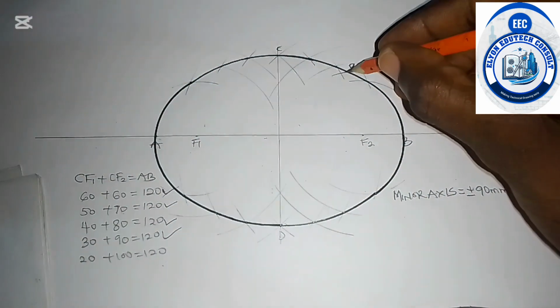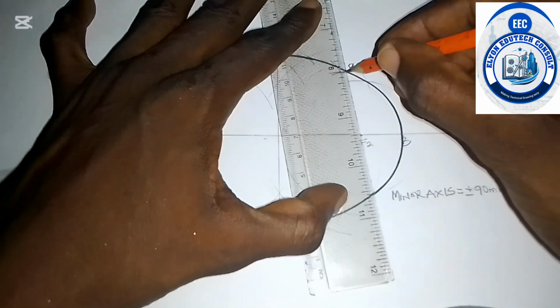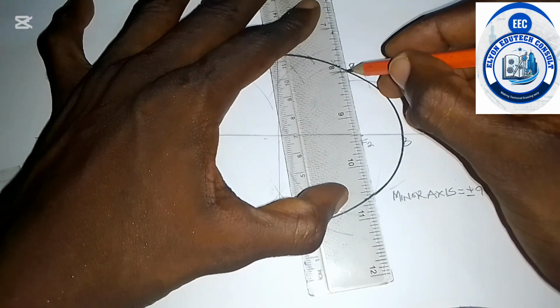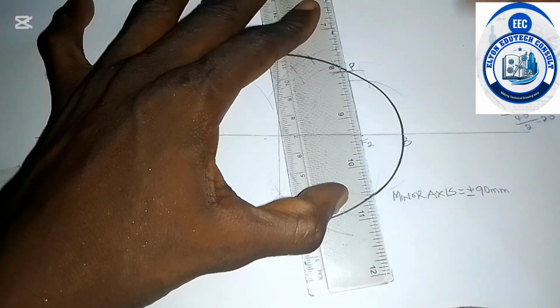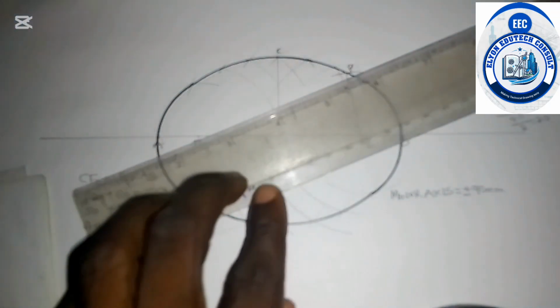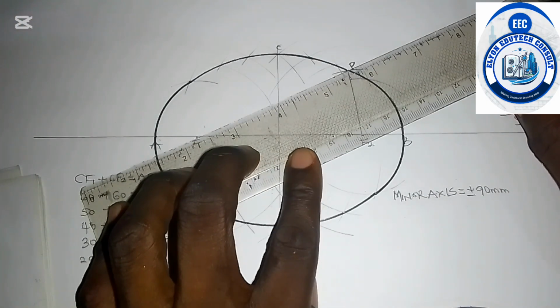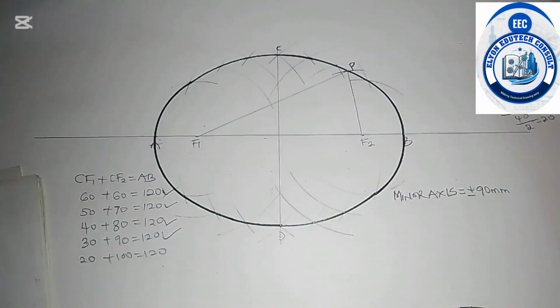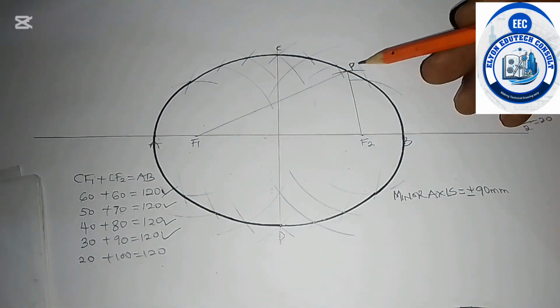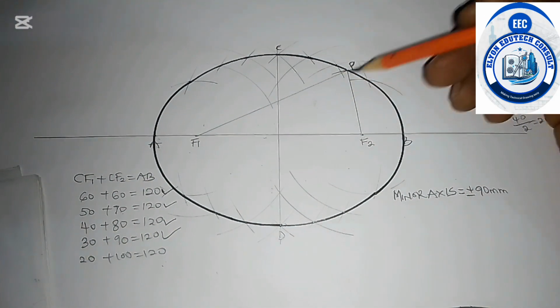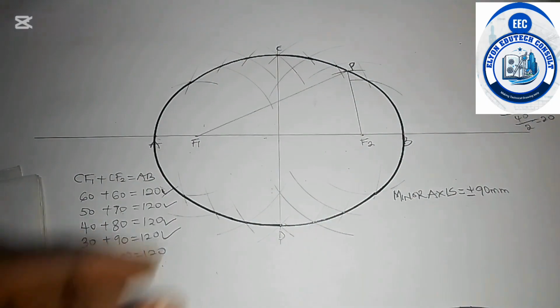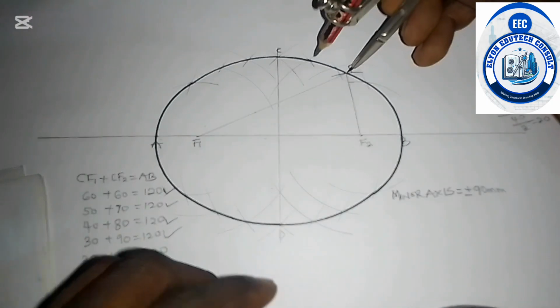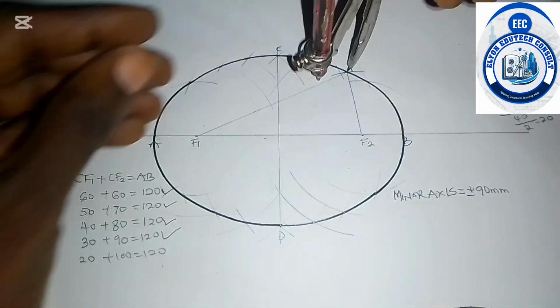So I will join F to P this way, with a thin line, then join F1P this way. Then I'm going to be bisecting this angle F1 P F2 to get my normal. So to do that, it's just normal bisection of angle you usually do.